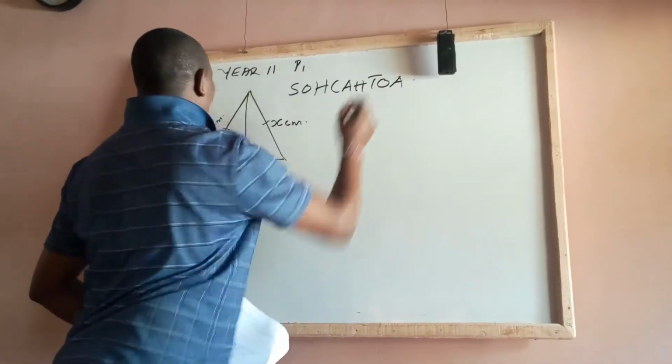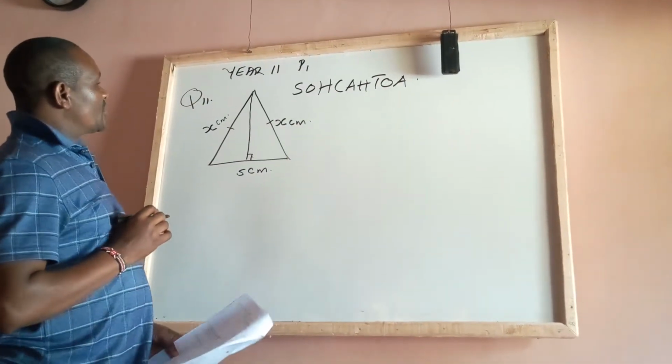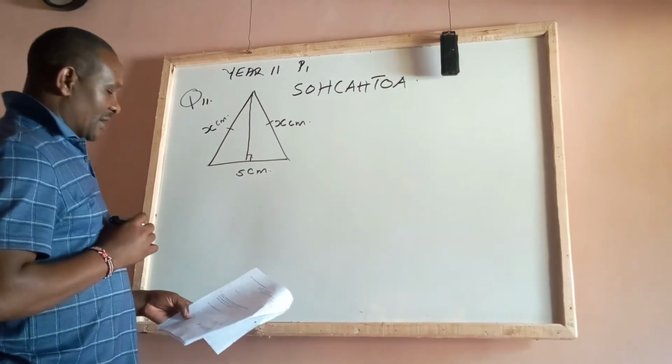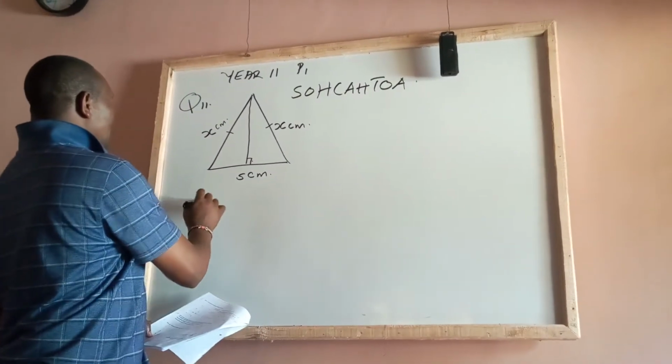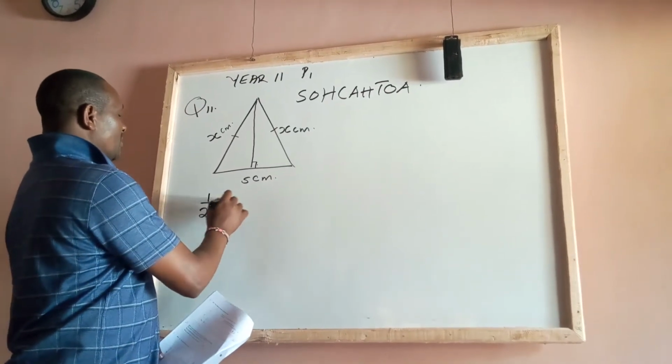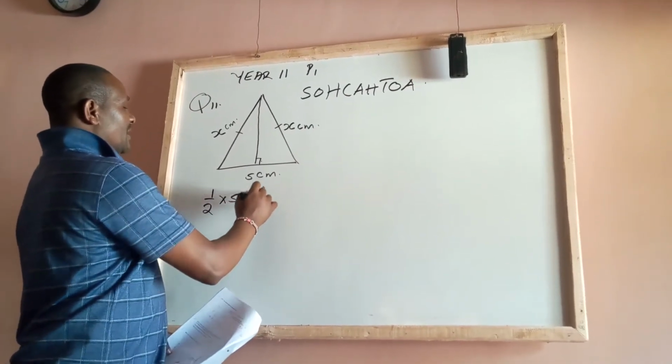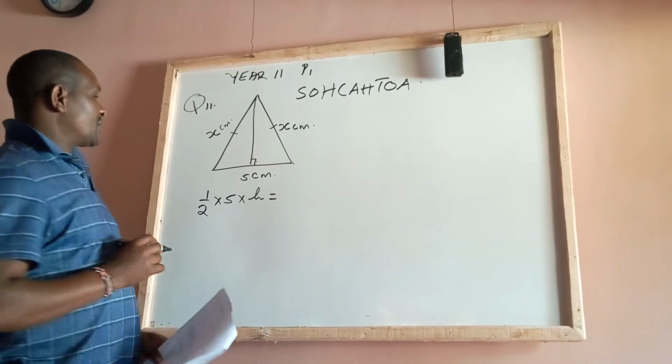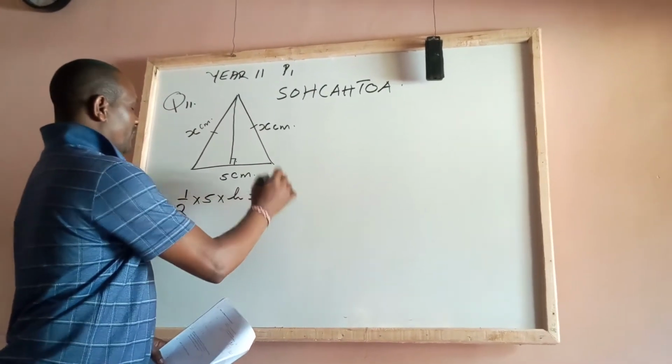In this aspect, we need to exactly understand that the area of the triangle is half times base, which is 5, times the height, which is supposed to give us 12.